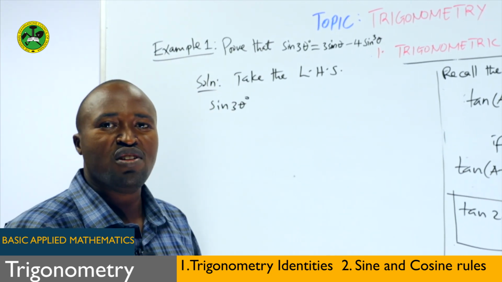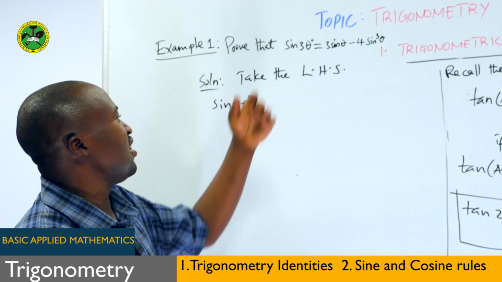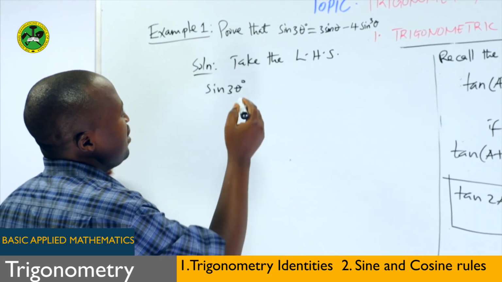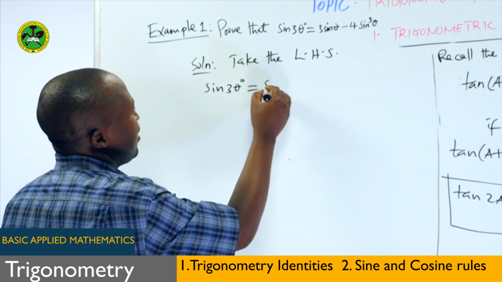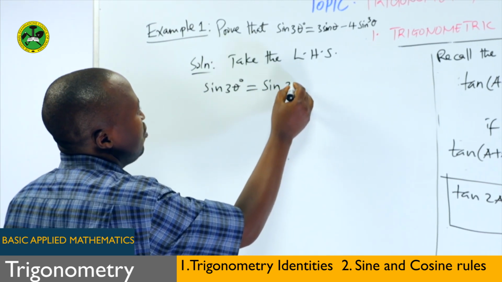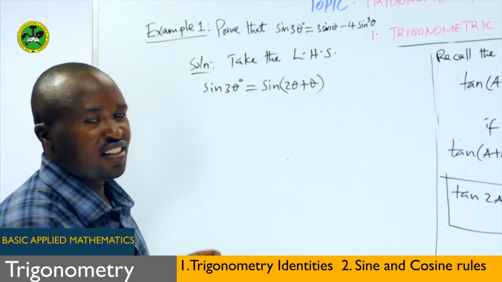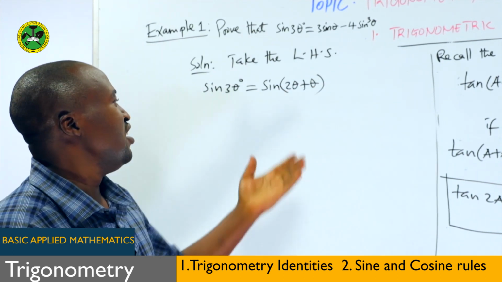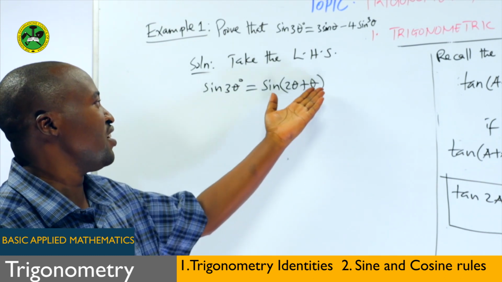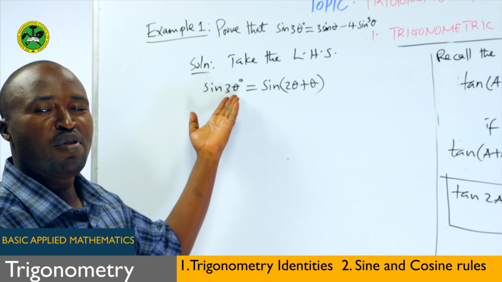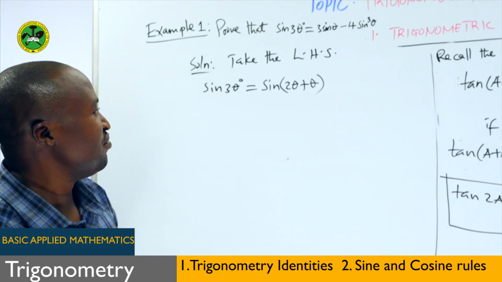Now, sine 3 theta can be written as sine of 2 theta plus theta, because 2 theta plus theta is the same as 3 theta.